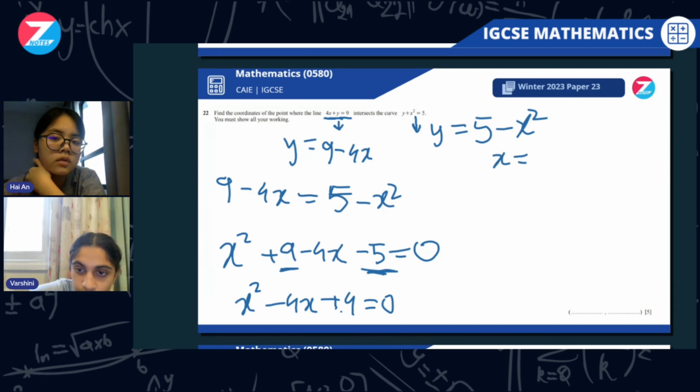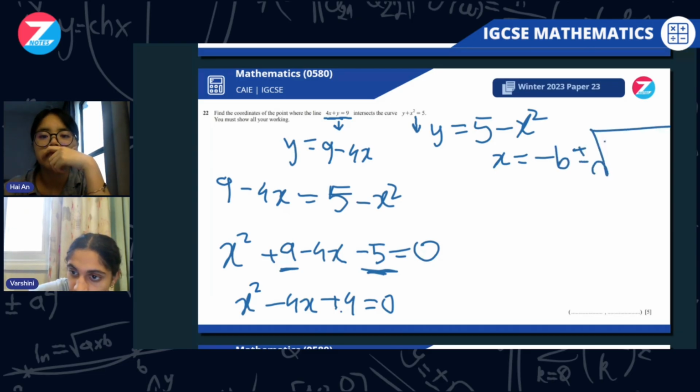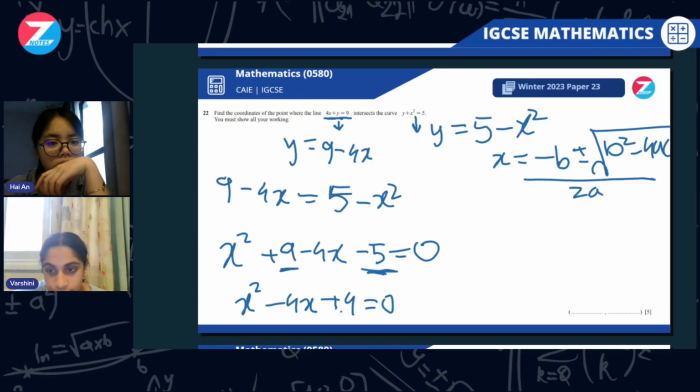X equals minus b plus or minus the root of b squared minus 4ac, divided by 2a. Now we substitute everything into our formula. The coefficient of x squared is a, the coefficient of x is b, and the last term without the x is c.